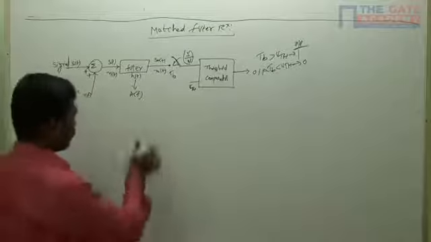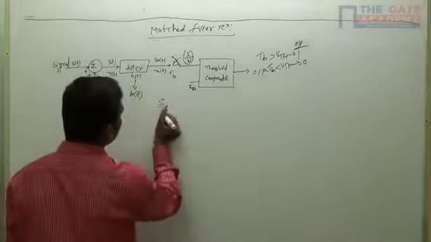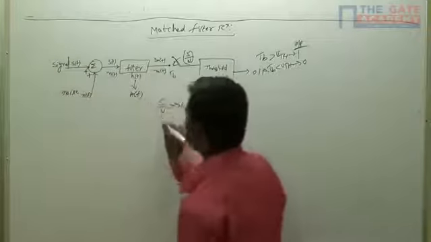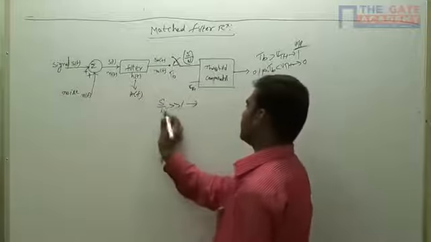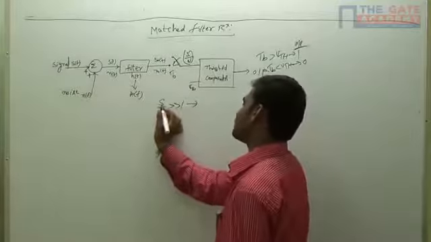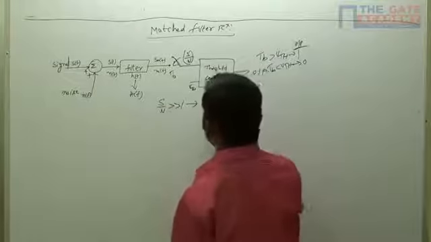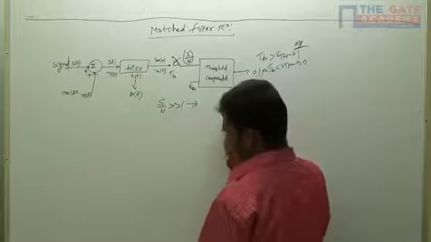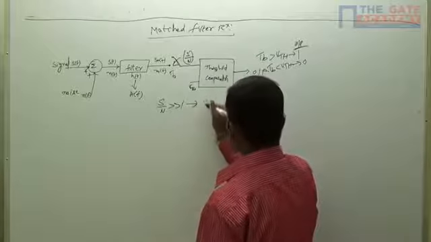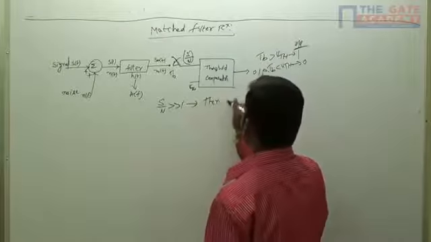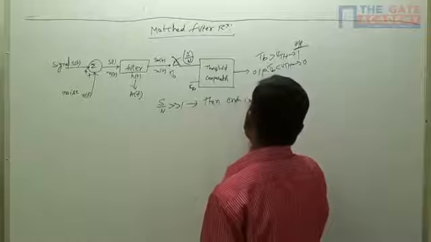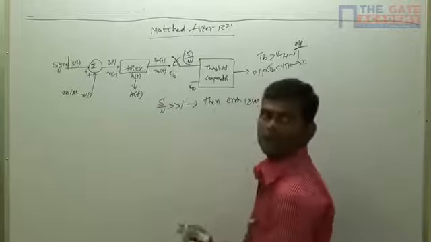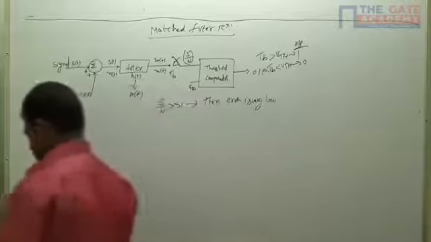If the signal to noise ratio is greater than 1, it means signal power is more and noise power is less, so the error is very low.